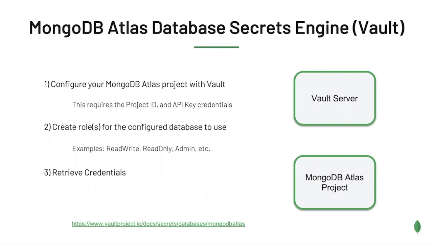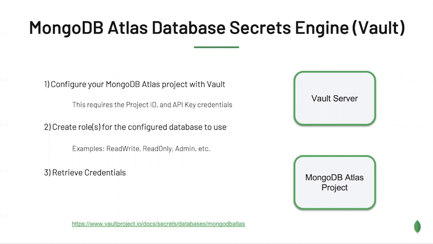However, there was one piece that we didn't have fully automated in our pipelines yet that I wanted to cover, and that's the MongoDB Atlas secrets engine with HashiCorp Vault. And the value that HashiCorp Vault provides is the ability to create dynamic secrets. And what that means is I'm able to create a user ID and password with a specific role and a time to live on it.